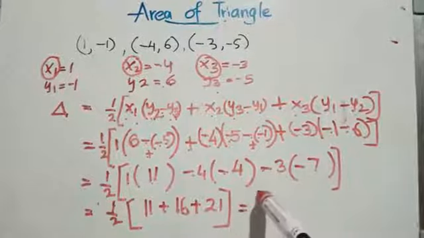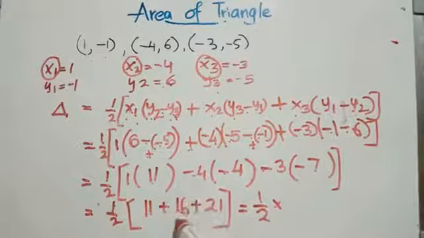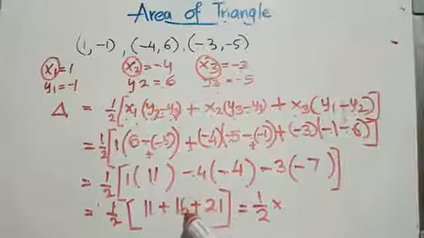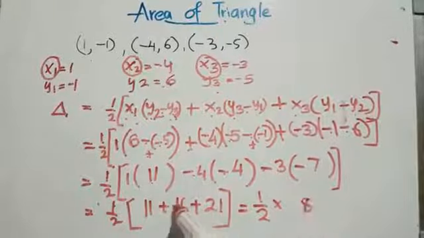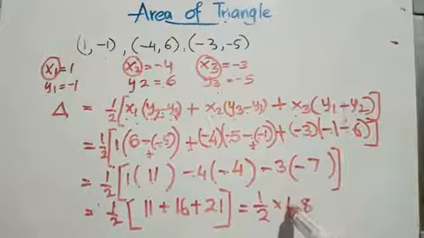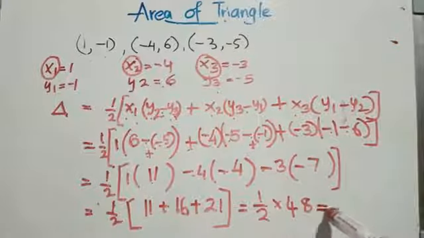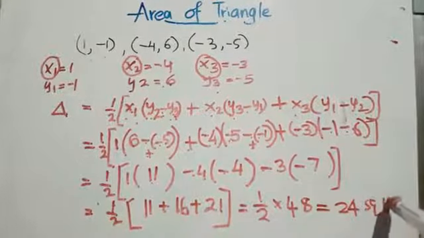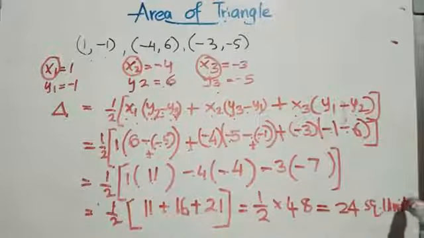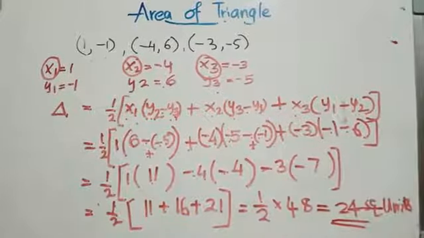That is equal to half into, when you add this one, what we get? 1 plus 6, 7 plus 1, 8. 2 plus 1, 3. 3 plus 1, 4. So half into 48. Half of 48 is 24 square units. That will be the area of this particular triangle.